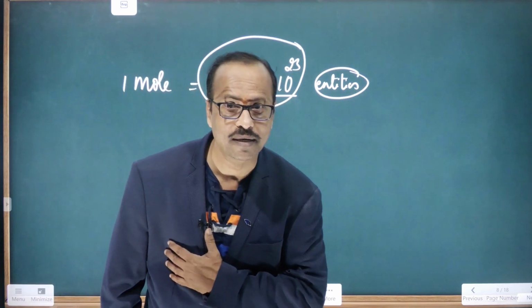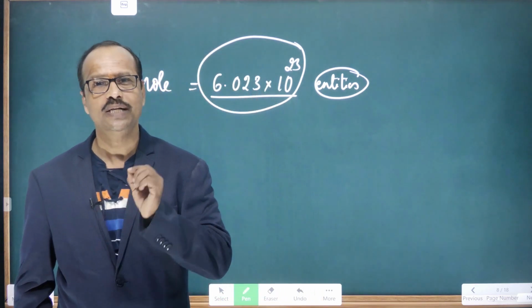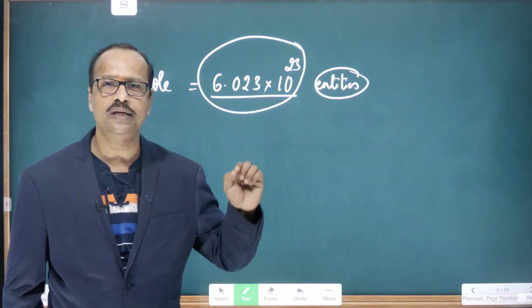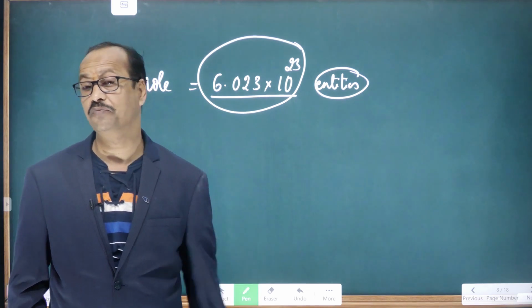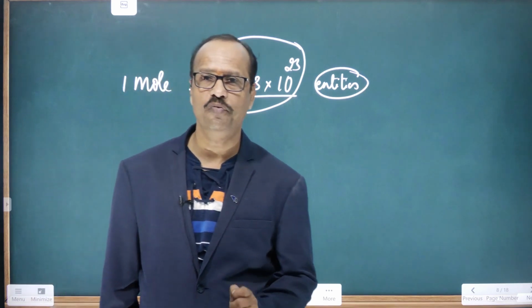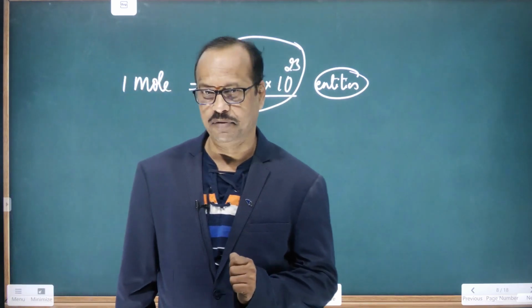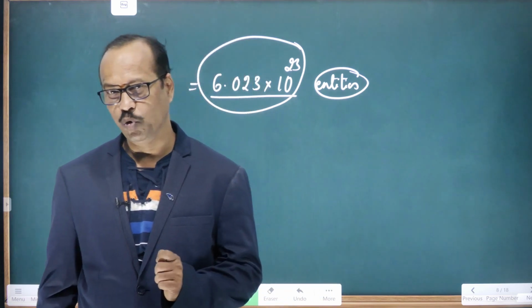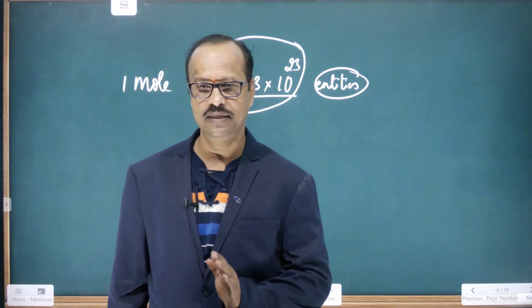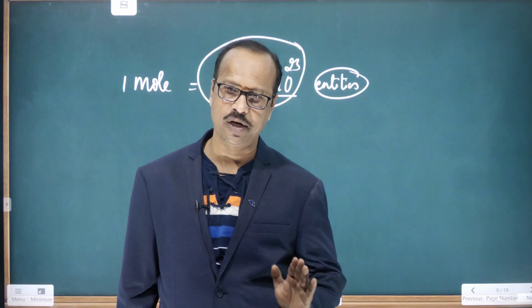That number, 1 mole, is equal to 6.023 into 10 to the power of 23. This is a fixed number. So, if you want to express the number of atoms for any mole, that is fixed, 6.023 into 10 to the power of 23.